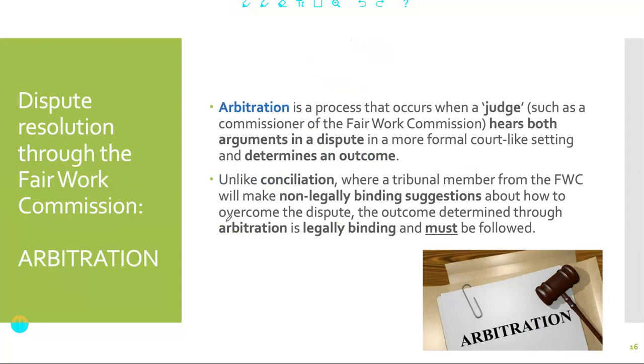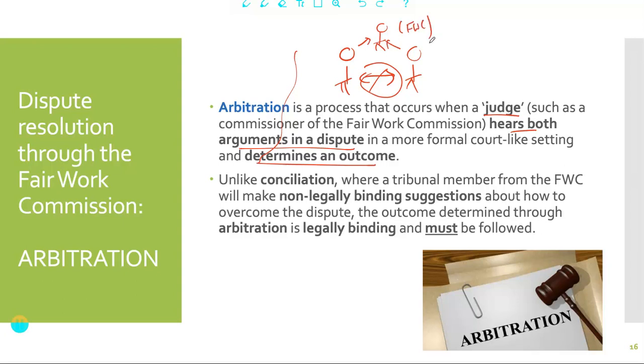That will only occur in arbitration, when the Fair Work Commission becomes the judge, hears both arguments, and ultimately determines the outcome. So this is where the employer and the employee don't negotiate. That is not working. They will present their arguments to the Fair Work Commission, and the Fair Work Commission is the one that determines what is going to occur.